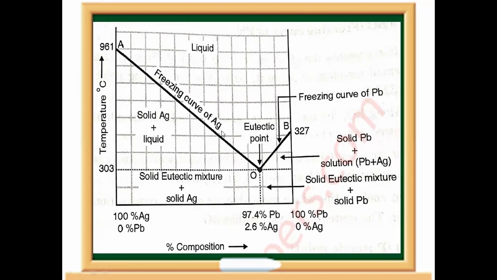Freezing curve of silver. Where along the freezing curve of silver, there existed solid silver and saturated solution of lead and silver. Similarly, along the freezing curve of lead, there is this solid lead and saturated solution of lead and silver.